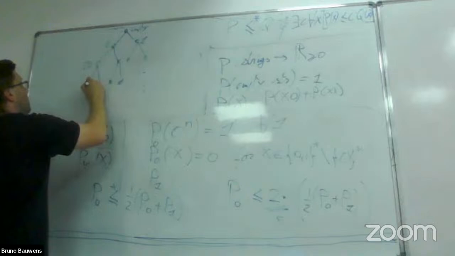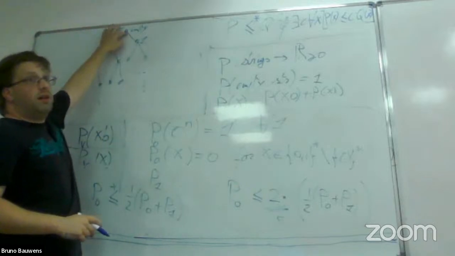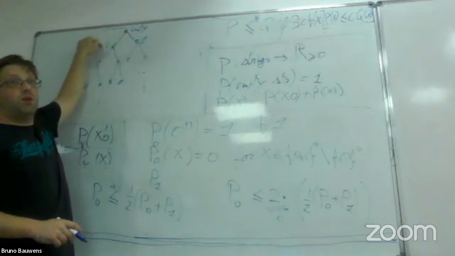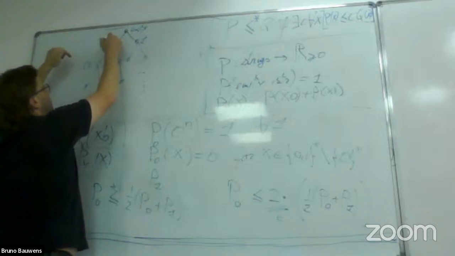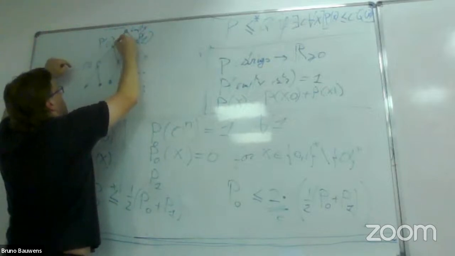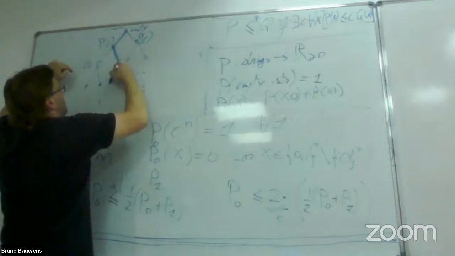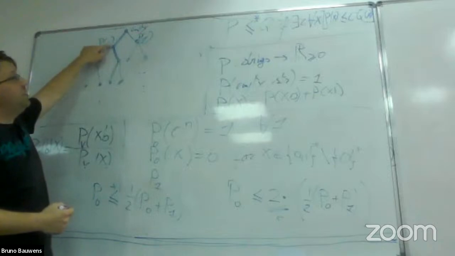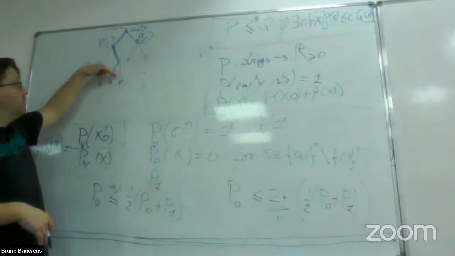Let's now go down and at each step take the child for which the measure is smallest. So we compare P0 and P1 and we take the smallest direction. For example, we go here, then maybe we go here and here. So that means in each step, the measure gets divided by 2 and so on.